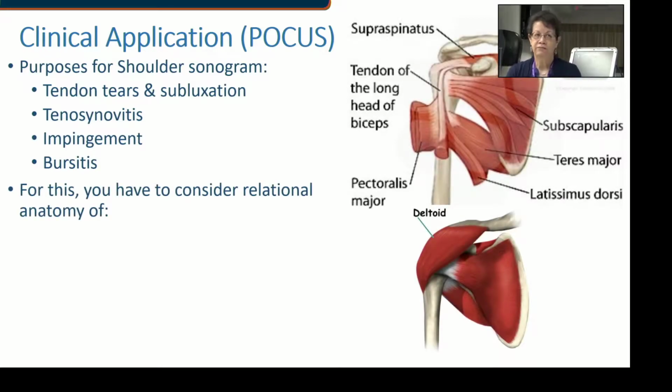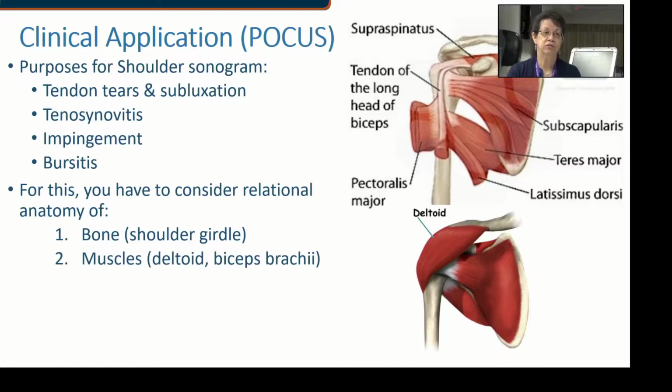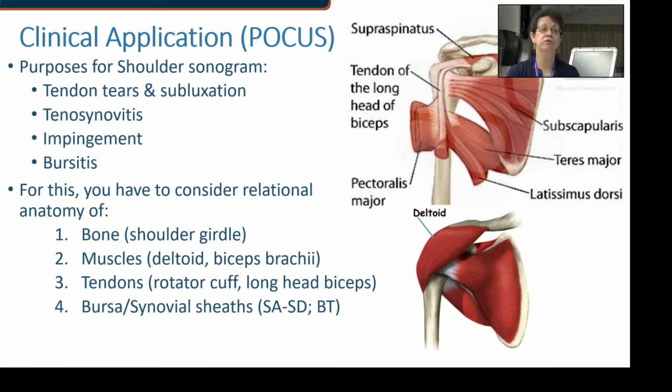To do this, you have to consider the relational anatomy of the bone, the shoulder girdle specifically, and the muscles, the deltoid and biceps brachii. Also the tendons of the rotator cuff and the long head tendon of the biceps. You'll also need to consider the bursa and the synovial sheaths.